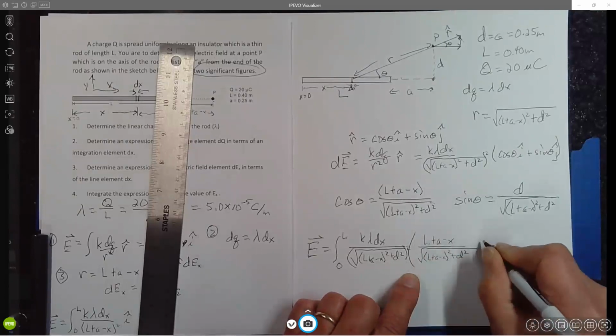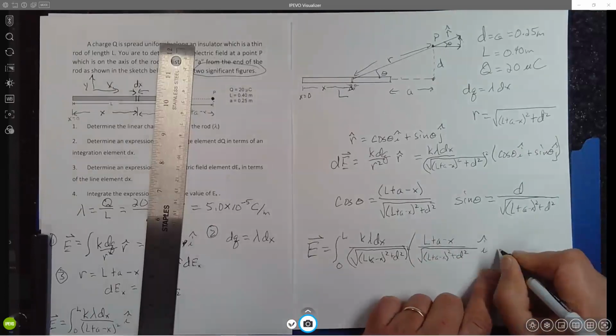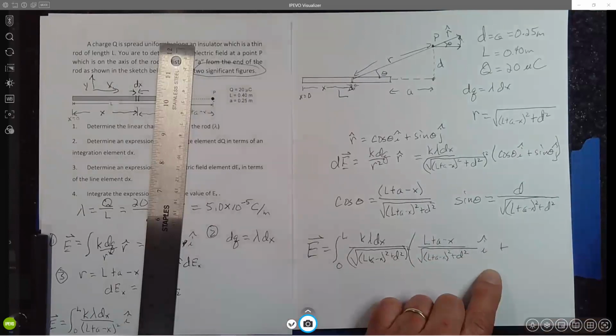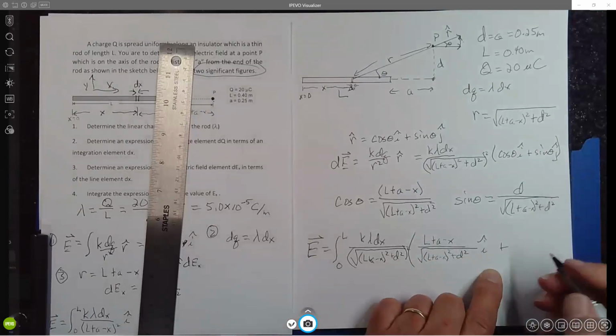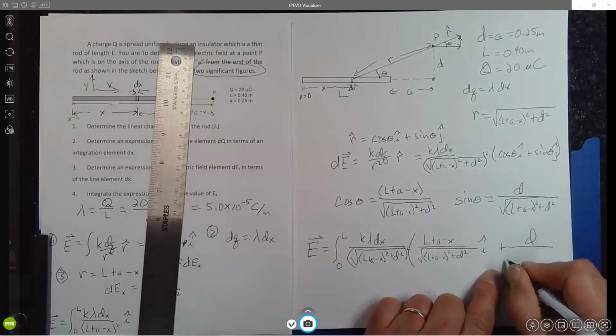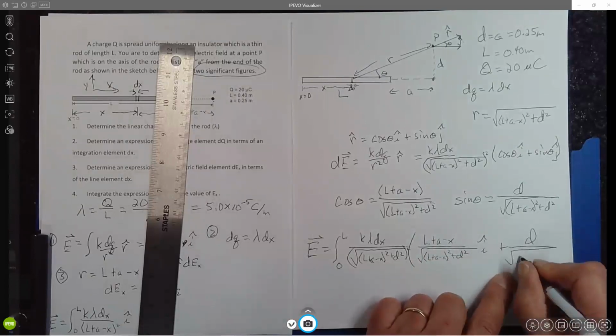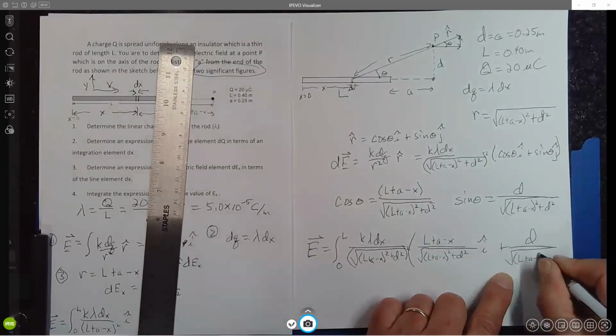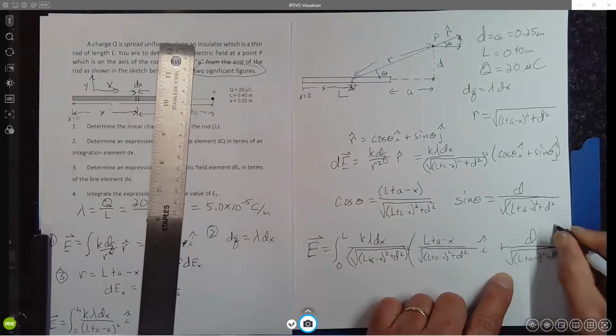That's the i hat term. And the j hat term is the sine of theta. So it'll be d divided by the square root of L plus a minus x quantity squared plus d squared. And that's in the j hat direction.